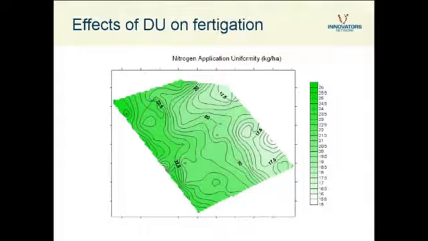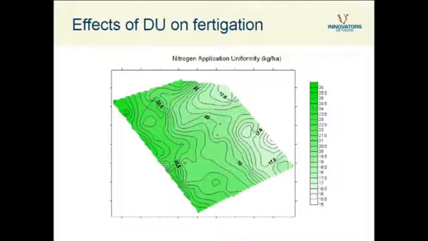And for most of the guys that are irrigating, they'll know that a 2 megalitre per hectare difference can contribute to quite a significant yield difference. So that's also combined, particularly if you're fertigating. There's also a variation in nitrogen which is applied due to that poor DU performance. So what you'll see in that particular case, there was a target of about 20 kilograms per hectare, which was to be applied to this particular vineyard.